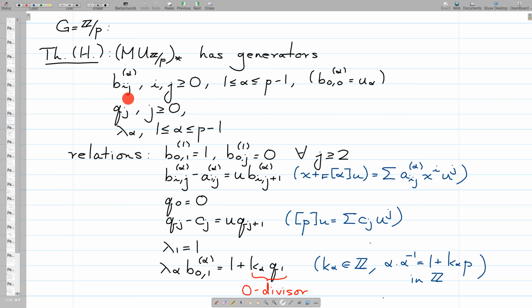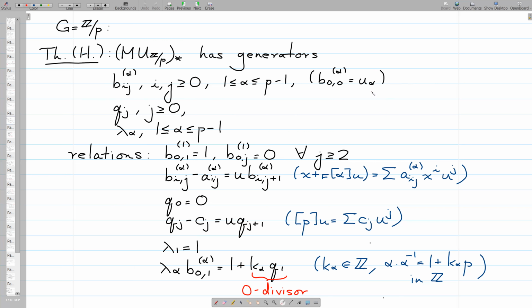You have the Bij alpha. So you don't just have one set of Bij's, they're also indexed by alpha, which runs from 1 to p minus 1, basically the non-trivial representations of the group. We'll write B00 alpha to be U alpha.